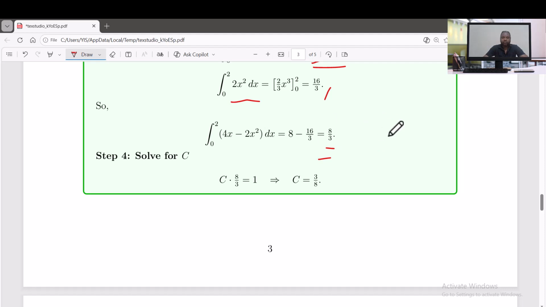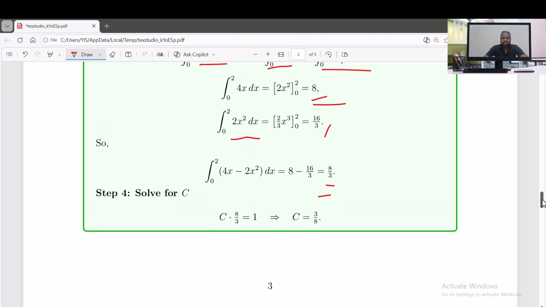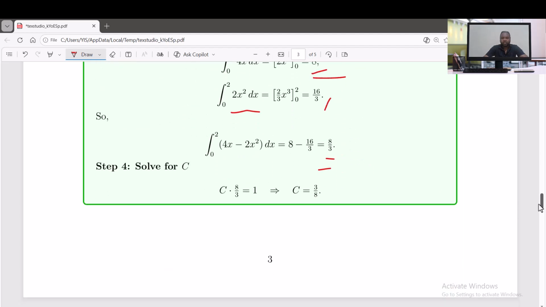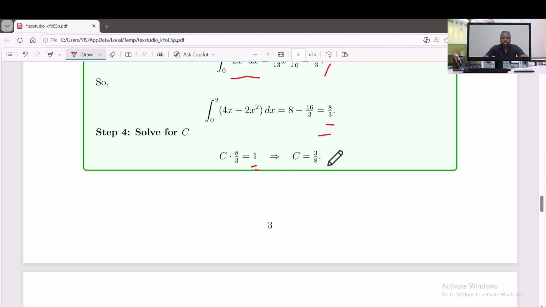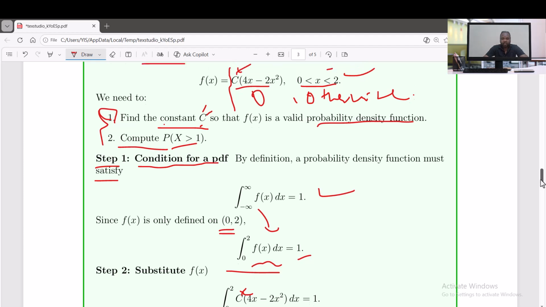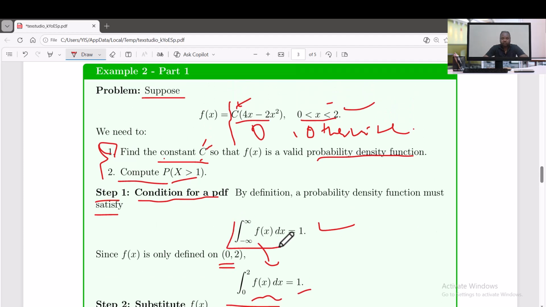Then when we solve for c, c times 8 over 3. Don't forget that c is here, right? c times this value, 8 over 3, is equal to 1. Then c becomes 3 over 8. So this is the value that makes this function integrate to 1.